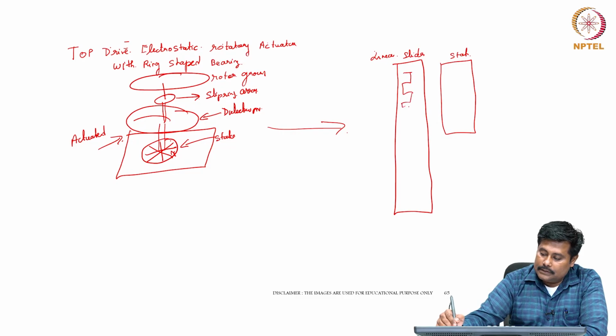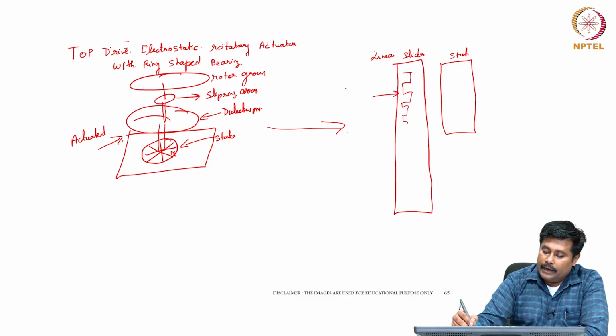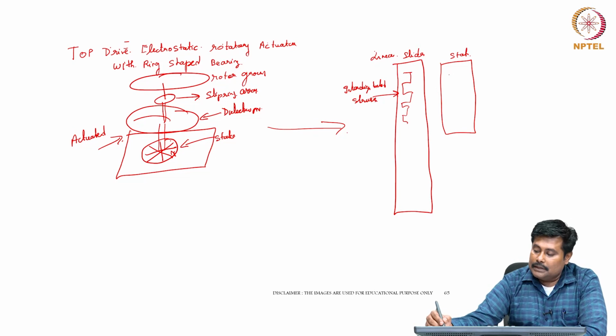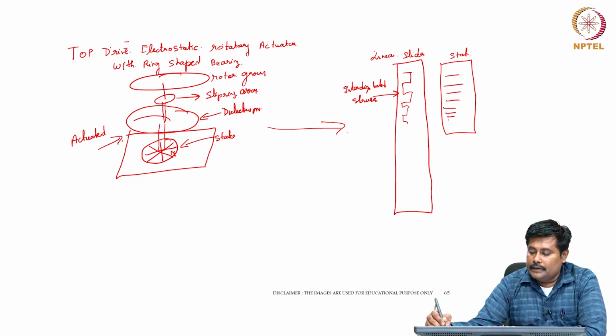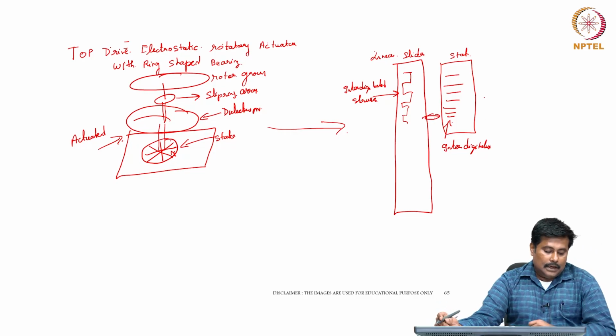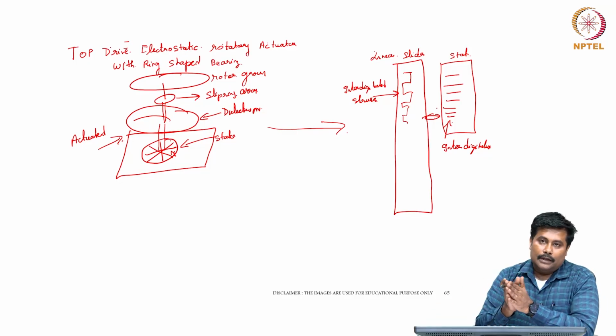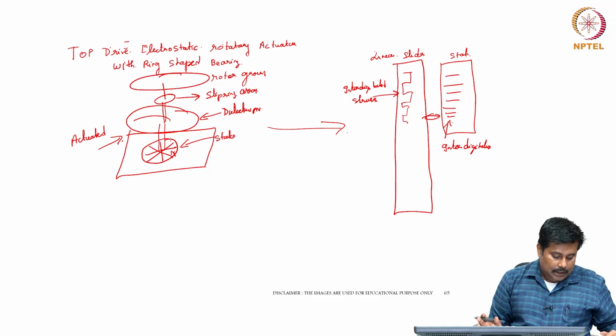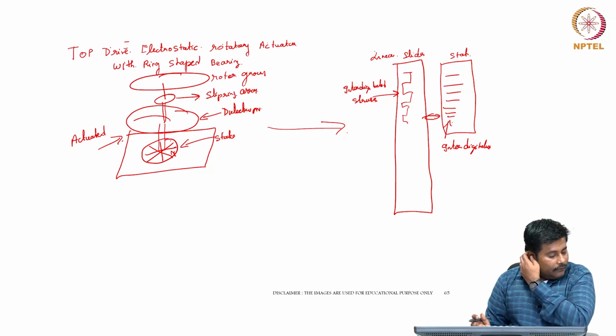These linear sliders will be integrated with interdigitated structures appropriately, and the stators will also be integrated with interdigitated structures. So these linear sliders and stators will be coupled in such a way that whenever there is a linear motion, this will result in an actuation. So in fact this is a kind of configuration.